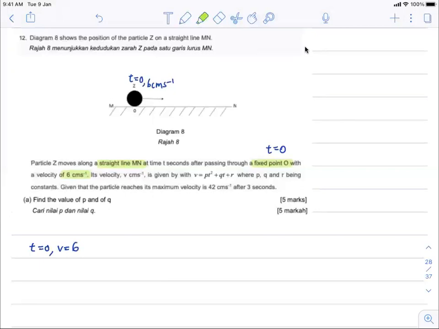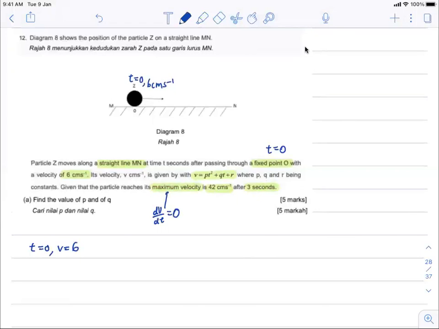It also tells us the velocity follows this equation, v equal to pt squared plus qt plus r. It also tells us maximum velocity is 42 cm per second after 3 seconds. This maximum is very important. It actually means dv/dt equals 0.